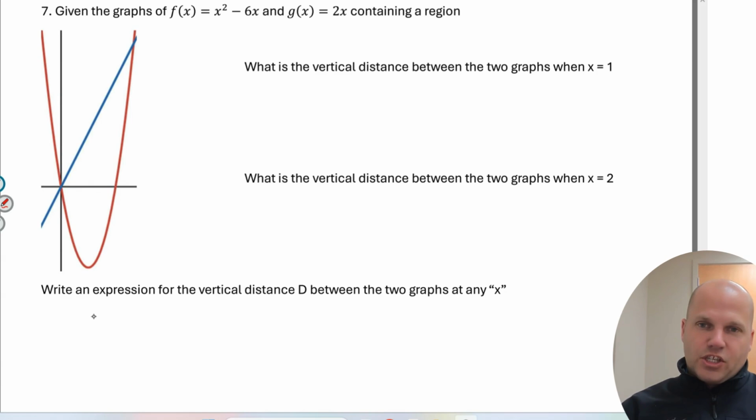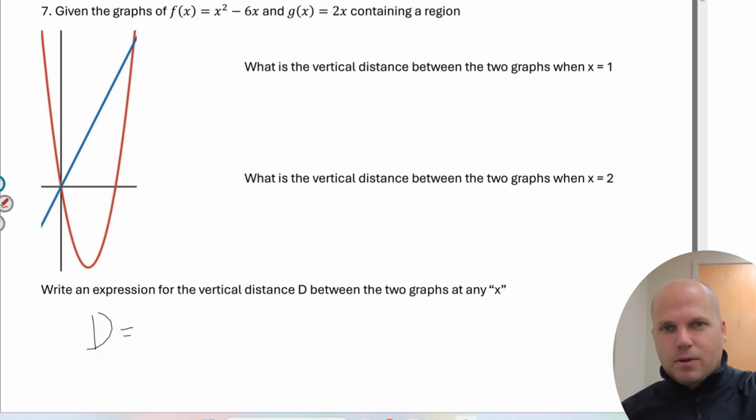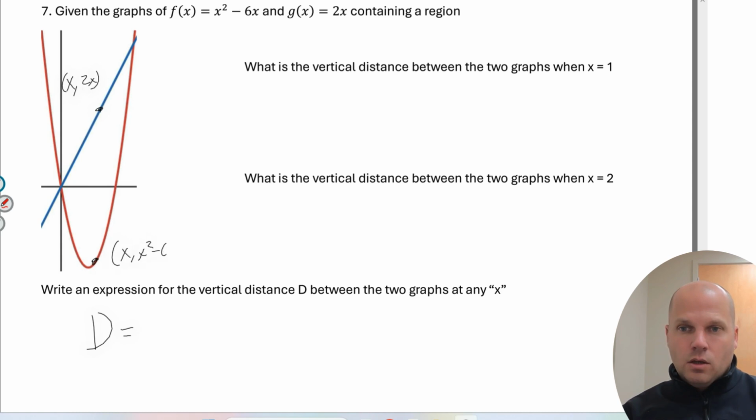What we realize is we can skip these first two steps if we want to. We can go straight to the third one and then be able to fill out the first two. Here we can see this blue line has an x, y, and this red curve is going to be the x squared minus 6x parabola.